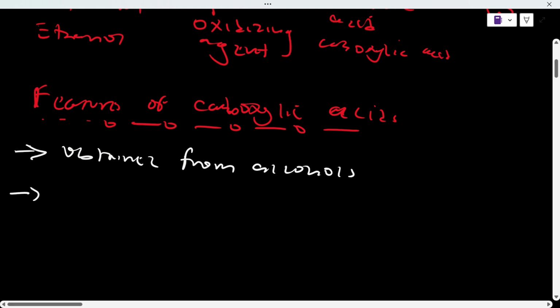The next thing, carboxylic acids have a functional group C having a double bond bonded to an OH. Let me write it well.